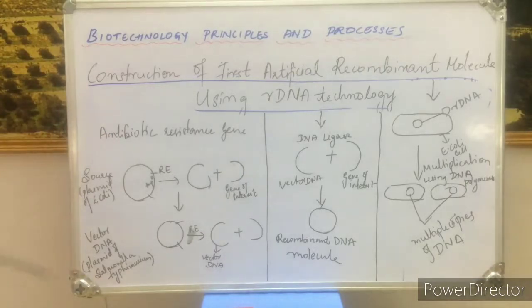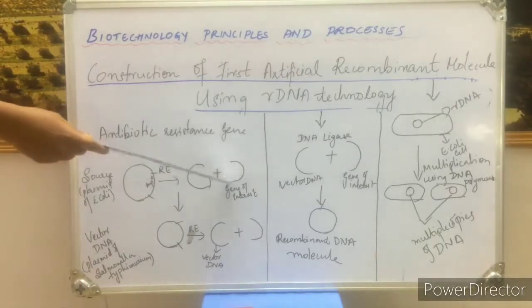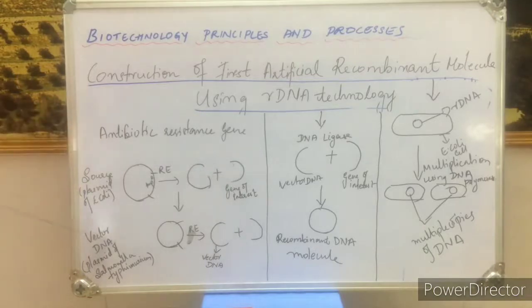Now the second step we have seen is introduction of this gene of interest into the host cell. While introducing it, what we need to carry the gene of interest is the vector DNA. This vector DNA is linked with the gene of interest, and only then the whole recombinant DNA is inserted into the host cell.